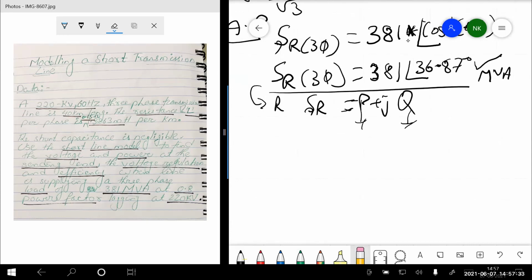Just on converting from the calculator, it is very easy to convert. There is a polar to rectangular conversion and rectangular to polar. There is a setting. Just write this equation and press that particular format, you will get the answer.